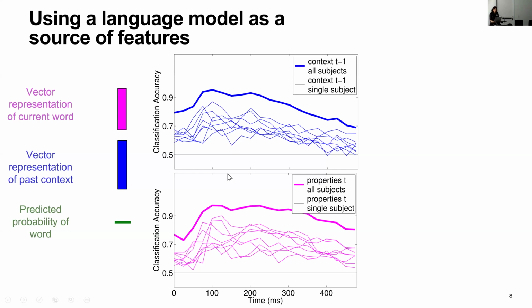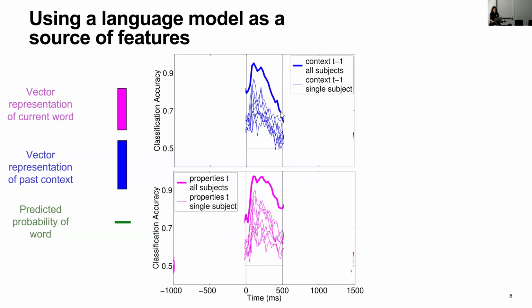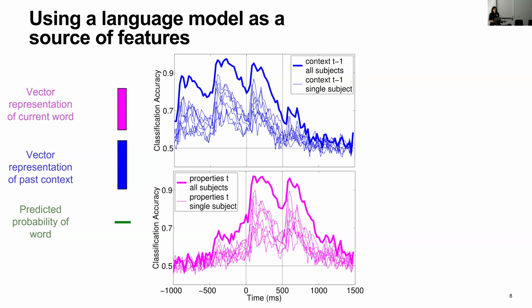In these two plots, we're using the context vector or just a single word vector in order to predict the activity at different time lags when a word is being read. A word here was being read every 500 milliseconds. But we don't have to restrict our analysis to these 500 milliseconds when the current word is being read. We can use the vectors related to this word to predict the activity before and after the word is being read. And so this is what we get.